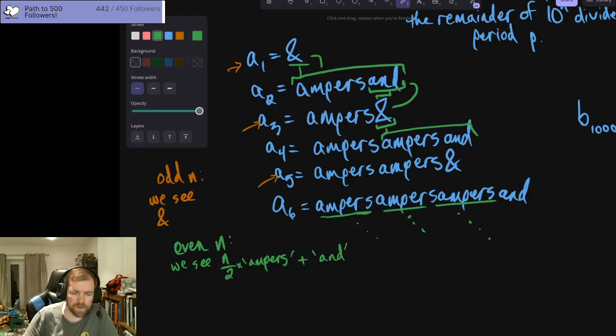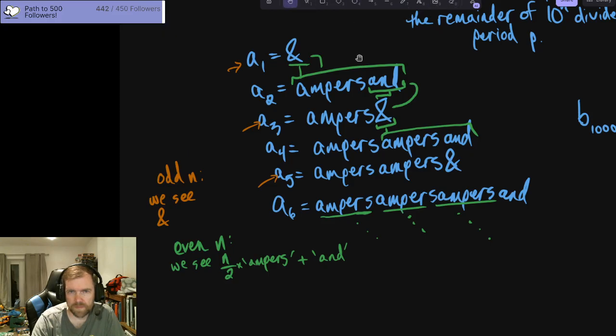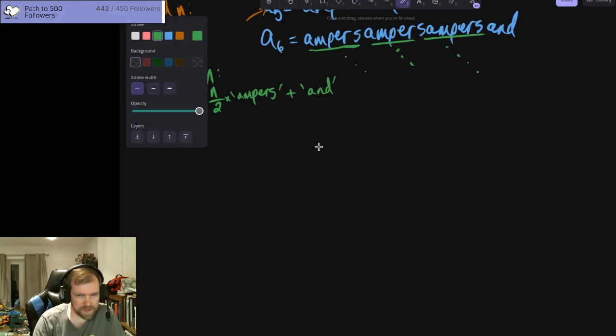Okay, so I still don't like this. Okay, so what I'm seeing here, right, the claim is that for all n in the naturals, that's not natural.